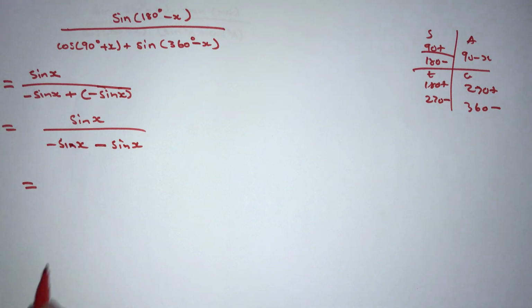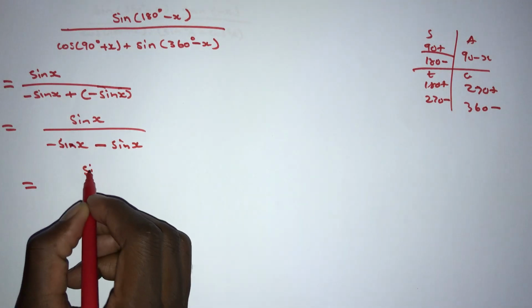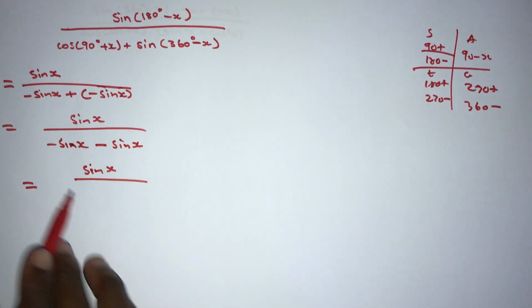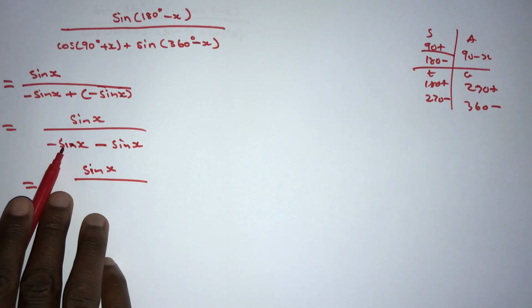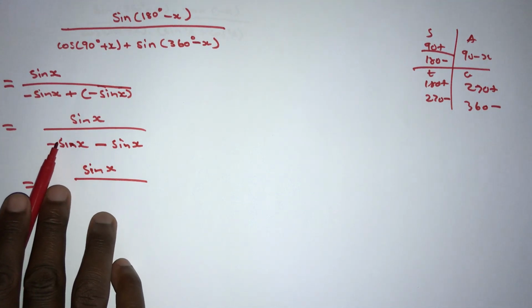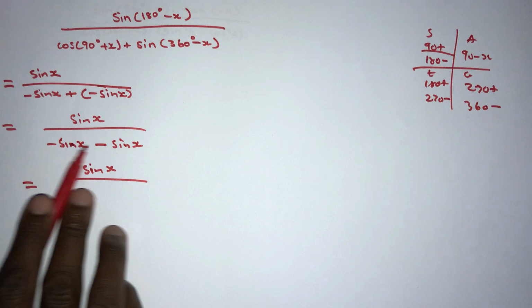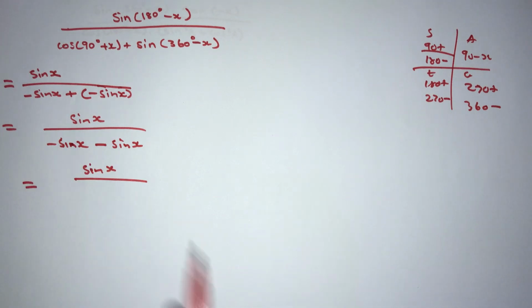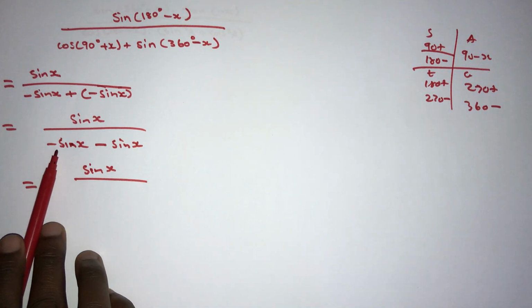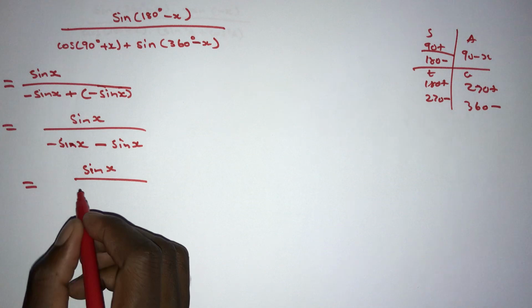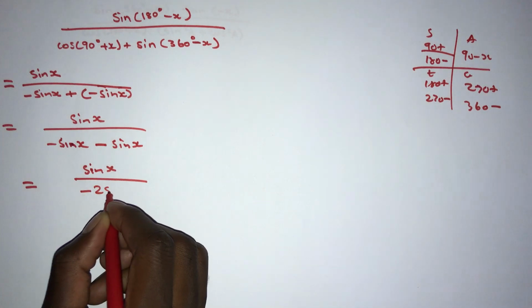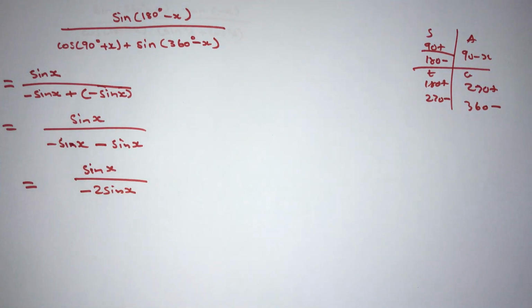So from here we have sine of x over, 1 plus 1, because it's negative and negative. Since the signs are the same, that means we add and then we take the sign of the bigger number. So this is 1 sine x plus 1 sine x. So it's going to give us negative 2 sine x.